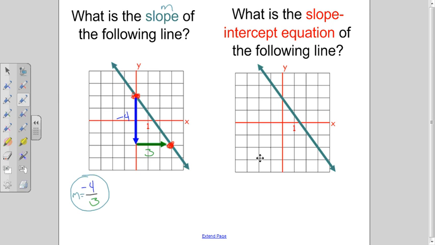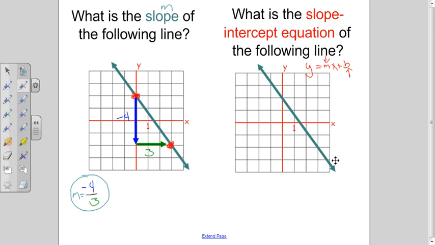Okay, so what is the slope-intercept equation? When we see slope-intercept equation, we should be thinking that the answer is going to look like y equals mx plus b. So we need to find more than just the slope. We need to find also the y-intercept, which is b. Okay, and then synthesize an equation in the end.